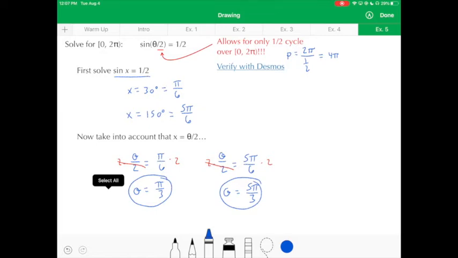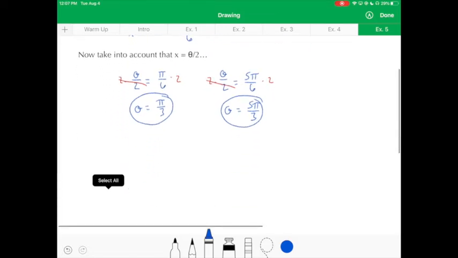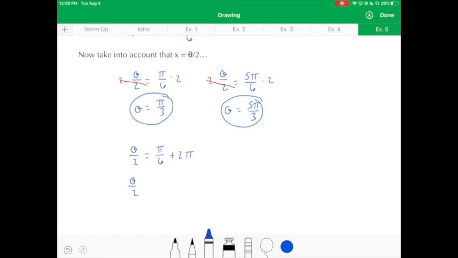All right, now understand if you were to try to go an extra revolution and get a coterminal angle to pi over 6, you'd have to add 2 pi to it, right? That's going to lead me to a coterminal angle of 13 pi over 6.